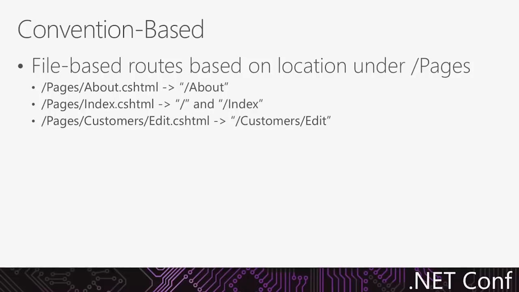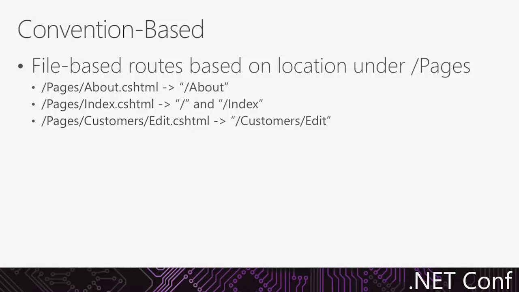If someone is hitting your website and they're hitting just the root folder, that will route to /pages/index.cshtml, and you can also get to the same Razor page by going to /index. And of course, if you want to use folders, then you can place Razor Pages inside of subfolders and they will route accordingly.